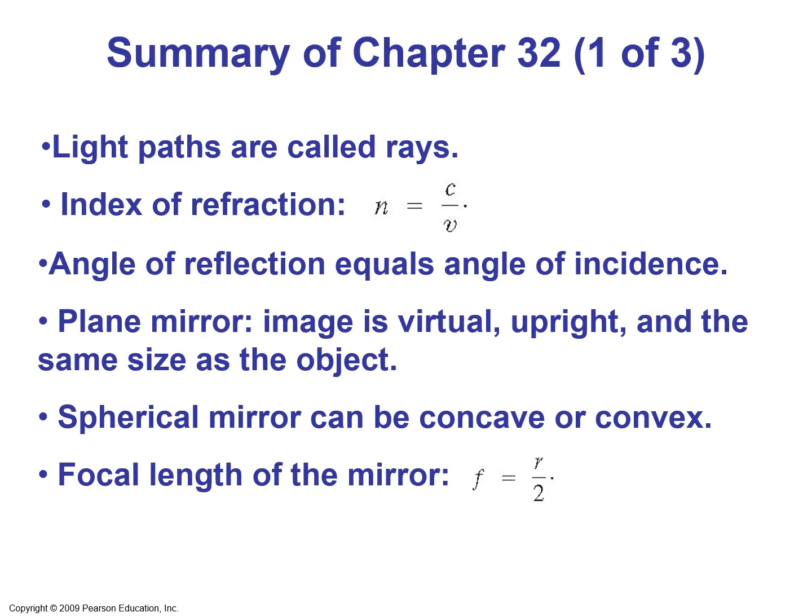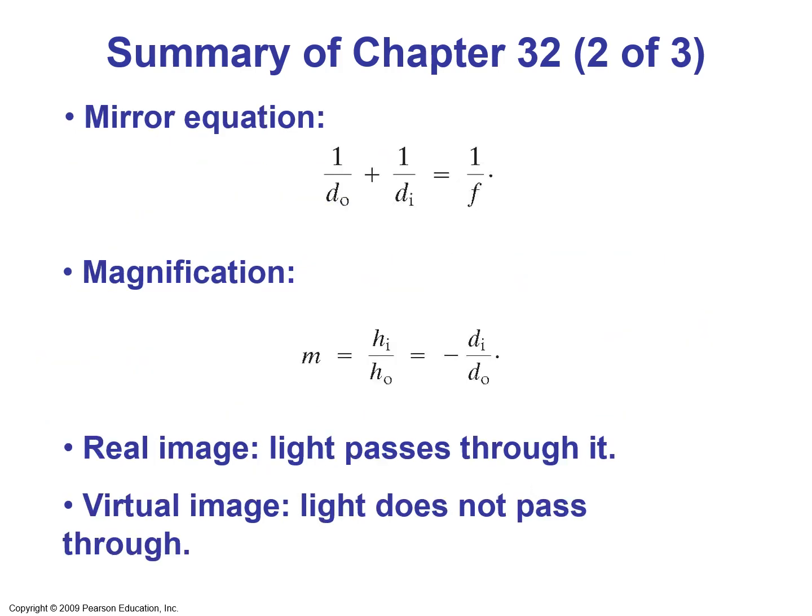Spherical mirror can be concave or convex. Focal length of the mirror is half of the size of the radius of curvature. Mirror equation is given by 1 over distance of the object plus 1 over the distance of the image is equal to 1 over the focal length.